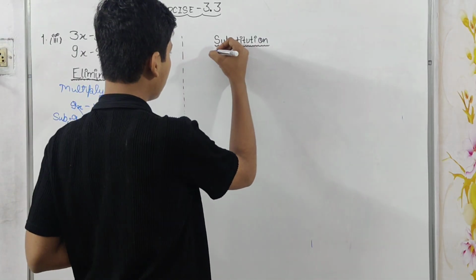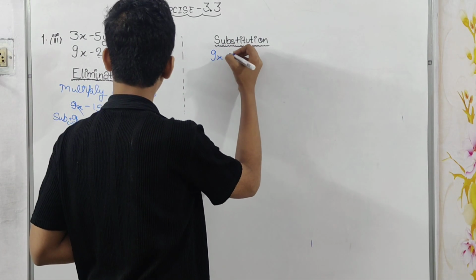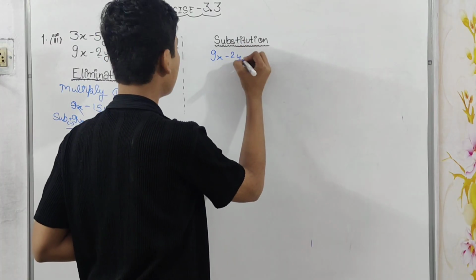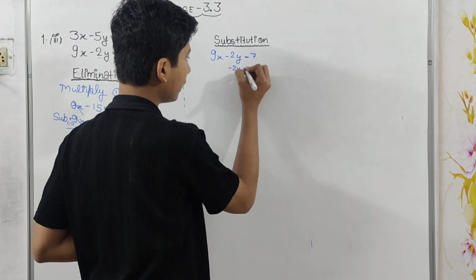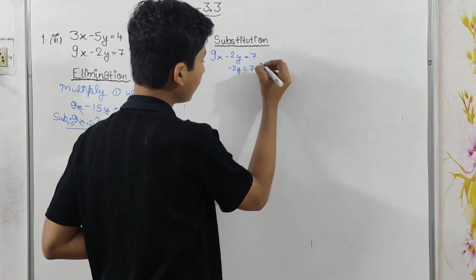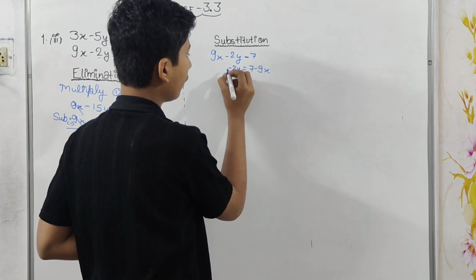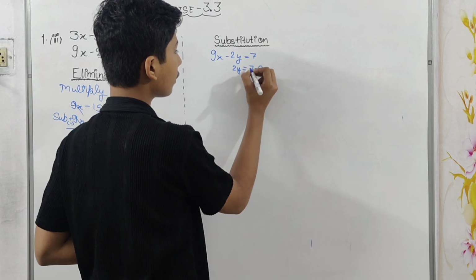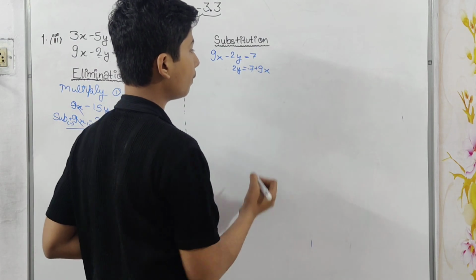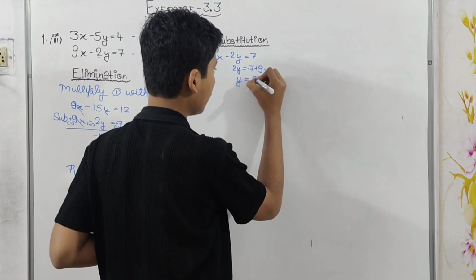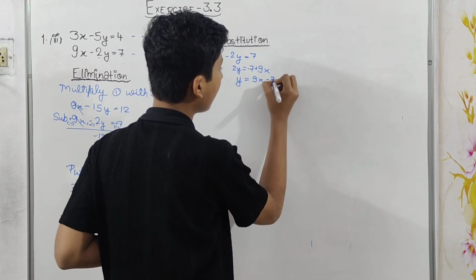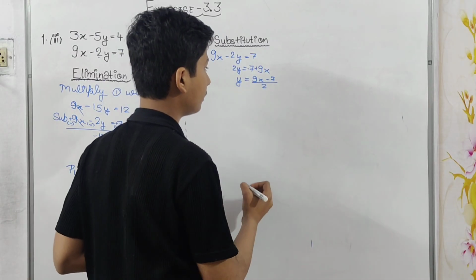So first of all, 9x minus 2y equal to 7. So minus 2y equals to 7 minus 9x. Now if we cancel this minus, so this will become minus and this will become plus. So the value of y will come 9x minus 7 whole upon 2.